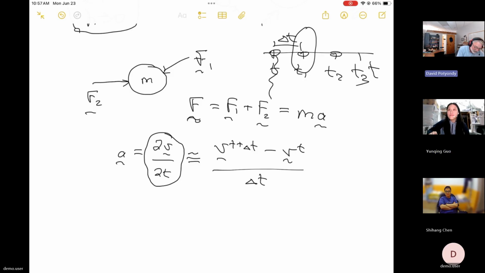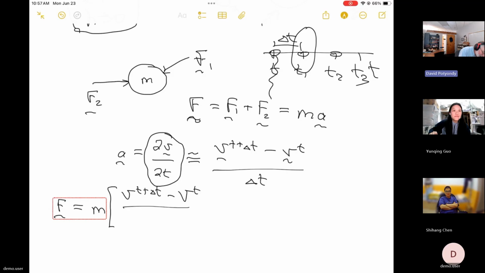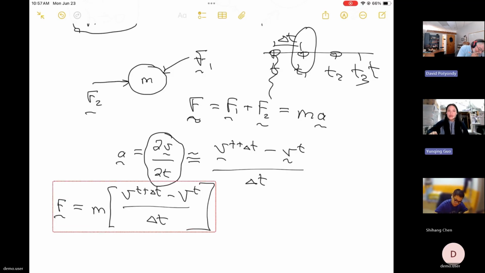Now watch. Let's write the whole expression then. The resulting force equals mass times v at t plus delta t minus v at t, over delta t. Now watch this.